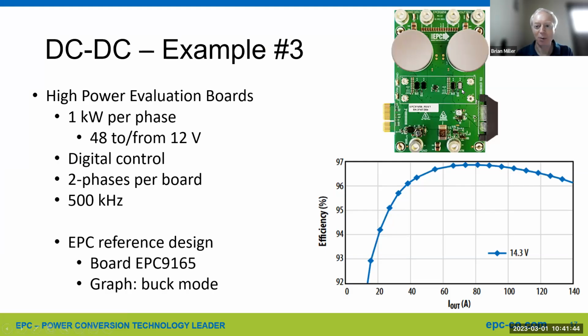Other boards do have 2 per position. As far as paralleling the phases, yes, it does do well. There's individual sensing on the phases, and the digital controller takes care of that. So yes, there is very good balancing on this, due to the good work being done. In this case, EPC and Microchip got together and did this, and yes, it is very well controlled.